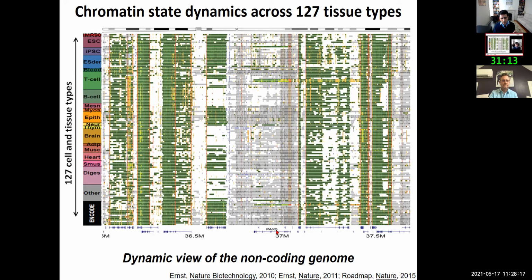Looking at PAX5, for example, we could see that it is repressed in every cell type in gray, except for a handful of immune cell types where it appears to escape repression and turn on. And most importantly, we can now look at gene regulatory regions and then say, where are they active? What could be potentially the tissue of action of genetic variants that are sitting here?